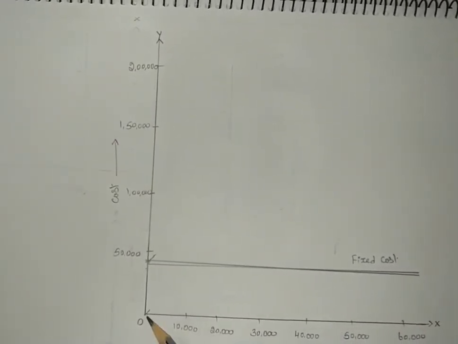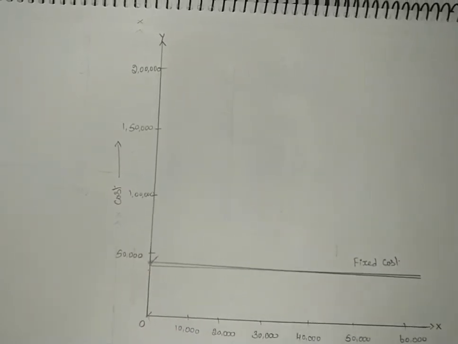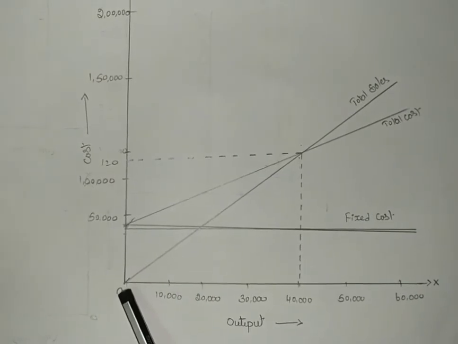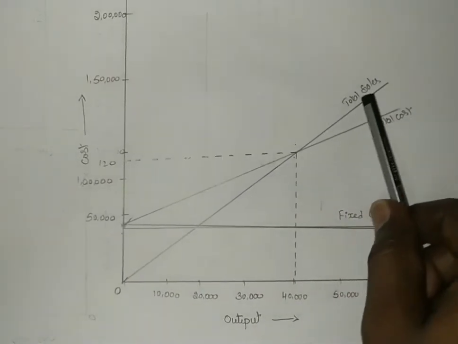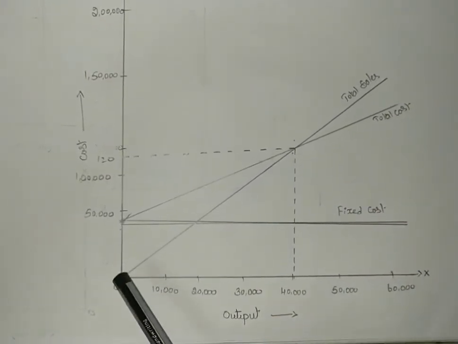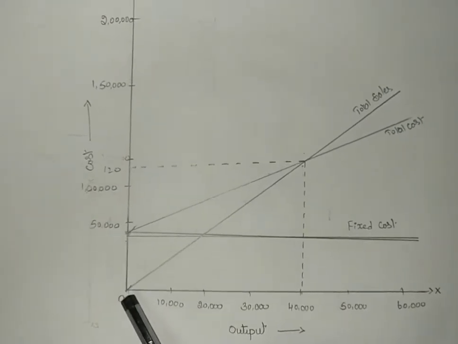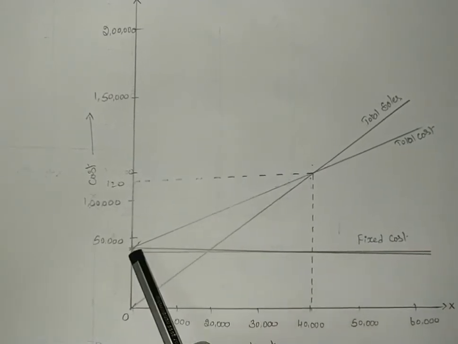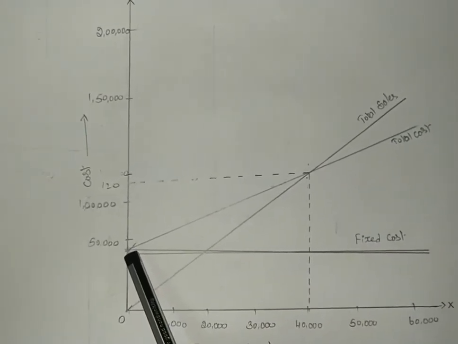Let us draw both the total cost and total sales revenue curves. Total sales revenue should start from the 0 point where there is no output and no cost, and the total cost line should start from the fixed cost onwards.